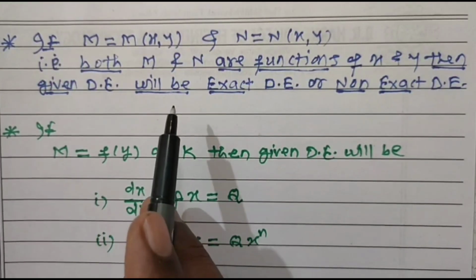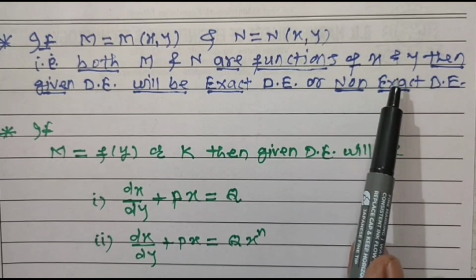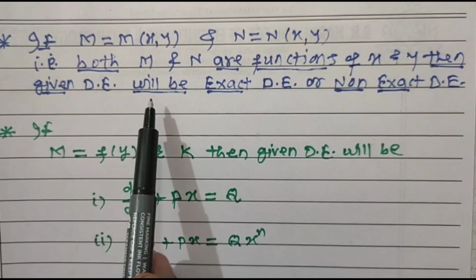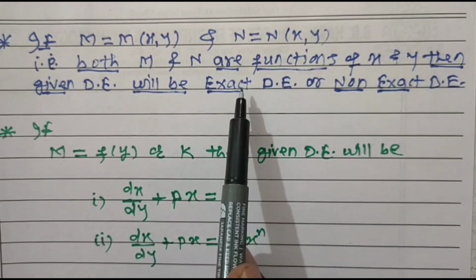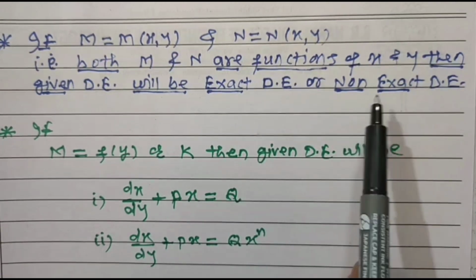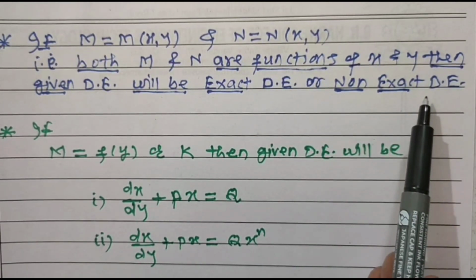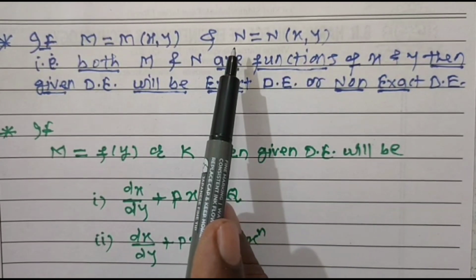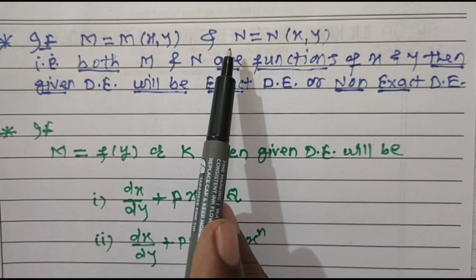Now the whole summary of this chapter: in that case the differential equation may be an exact differential equation or may be a non-exact differential equation. M and N both are functions of x and y.